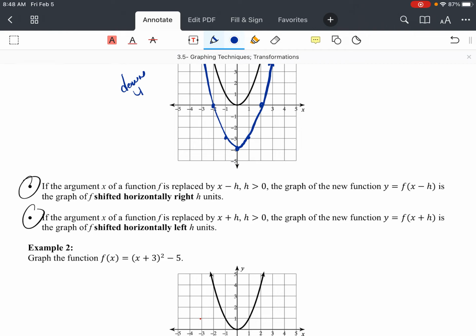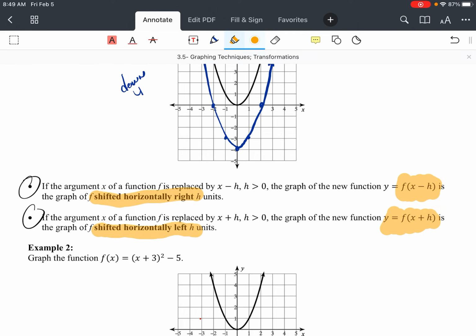All right, now we're going to start talking about a horizontal shift. A graph is horizontally shifted to the right if the function is subtracting h. If we start with our original function f of x and subtract h, then the function is shifted to the right h units.